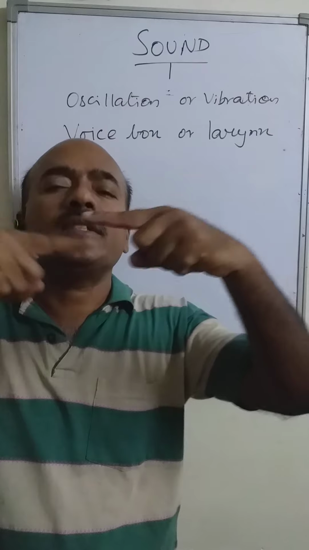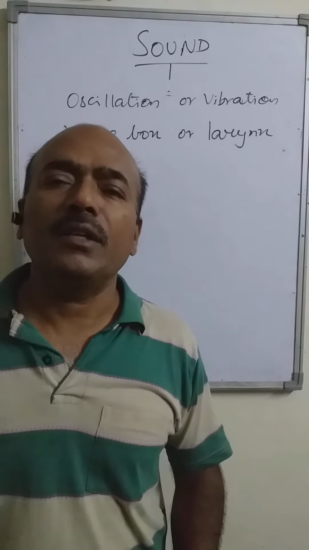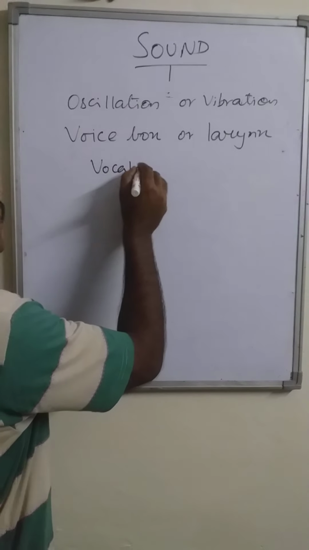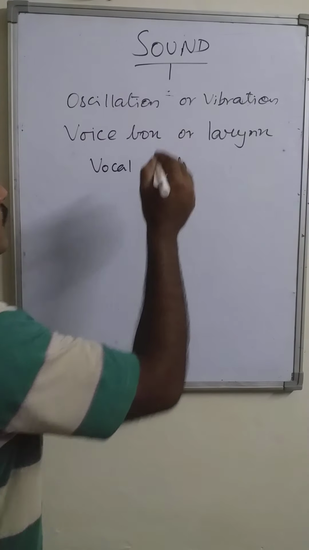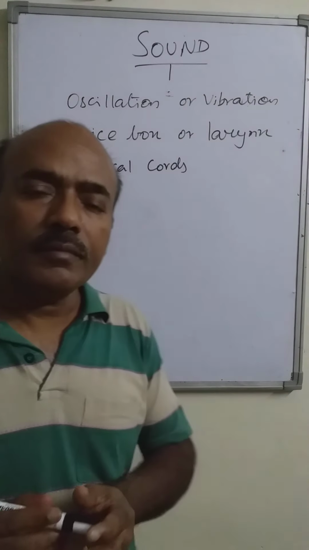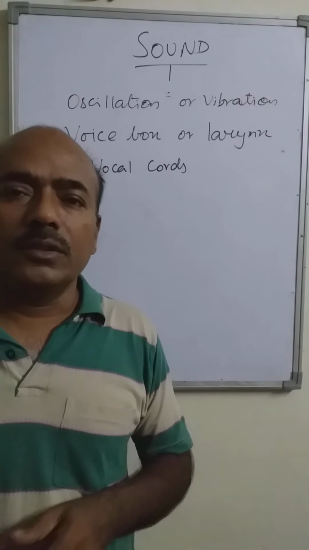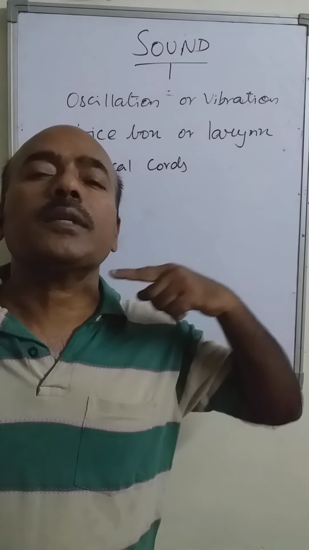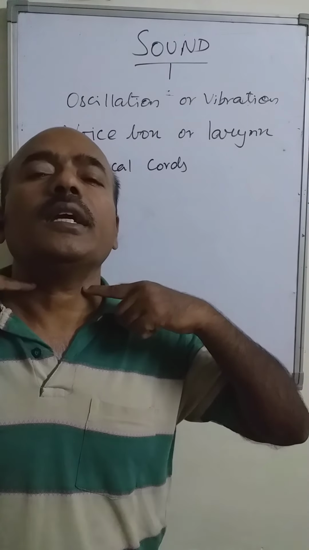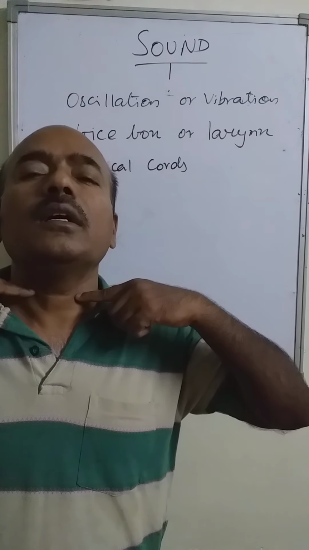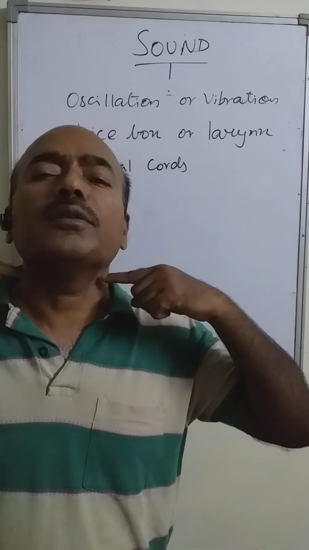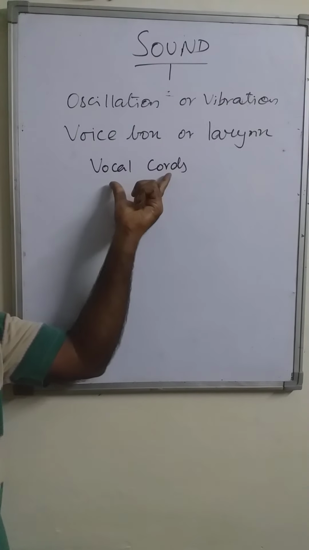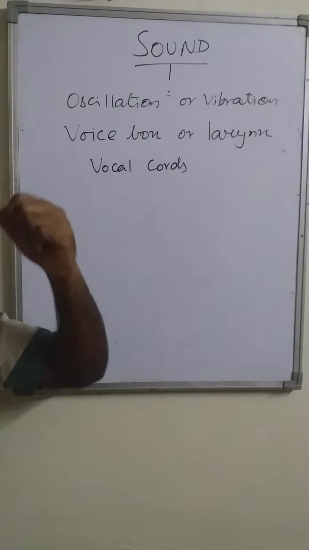These strip-like structures are known as vocal cords. They are vocal cords. So inside the voice box there are strip-like structures, grown from both the sides in the inward direction. Those two strip-like structures are vocal cords.